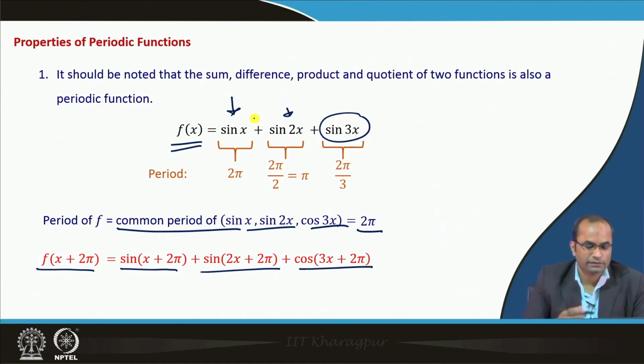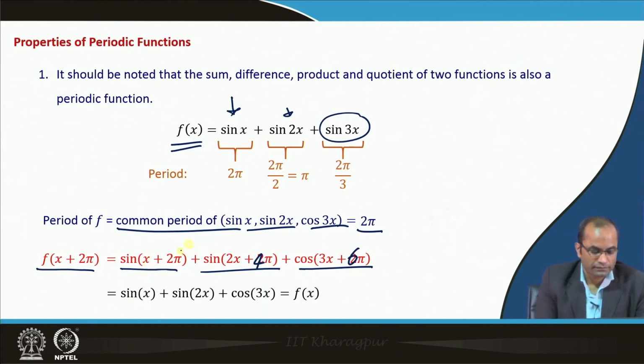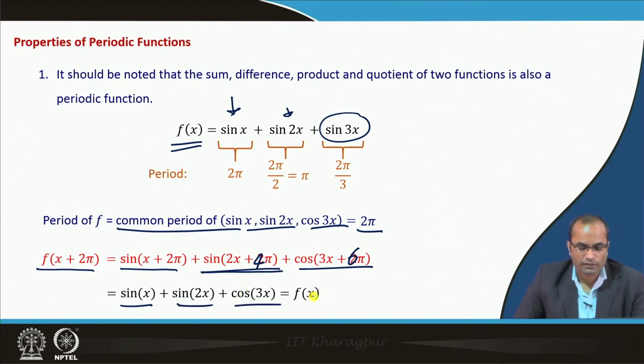We have x replaced by x + 2π, so 2x becomes 2x + 4π, and 3x becomes 3x + 6π, whatever. Here sin(x + 2π) is sin x, sin(2x + 4π) is also sin 2x, and this is also sin 3x, because all these functions have periods 2π, π or 2π by 3.